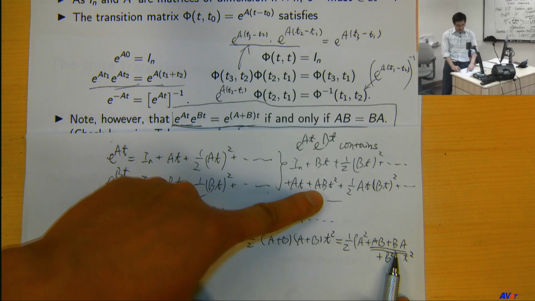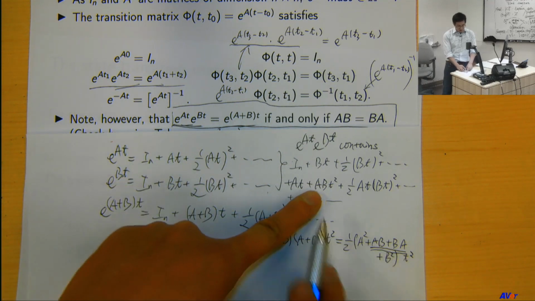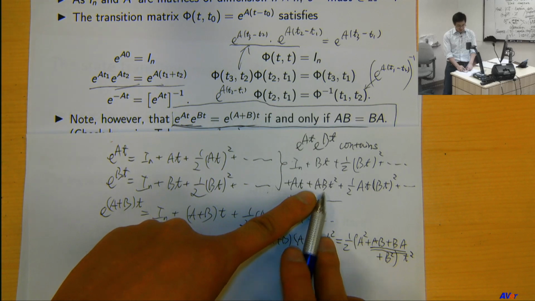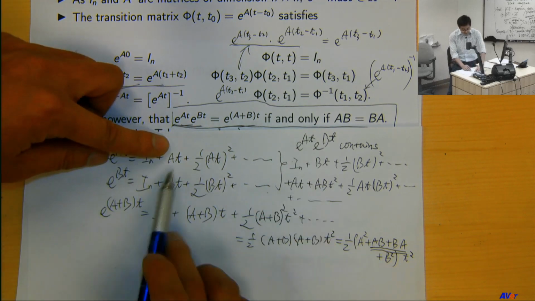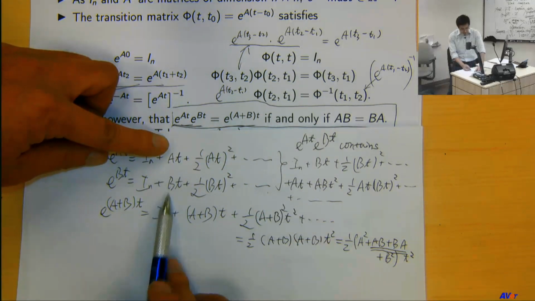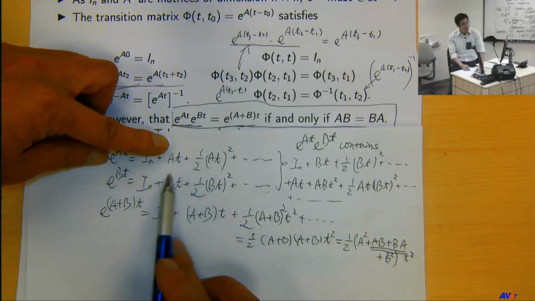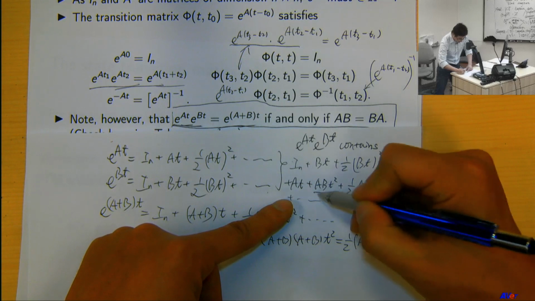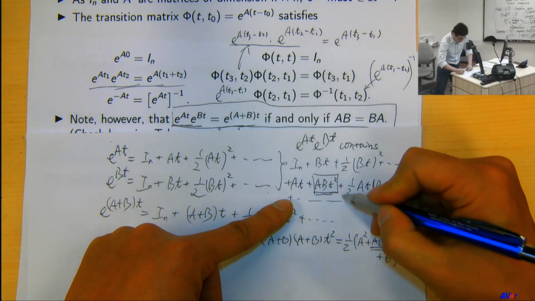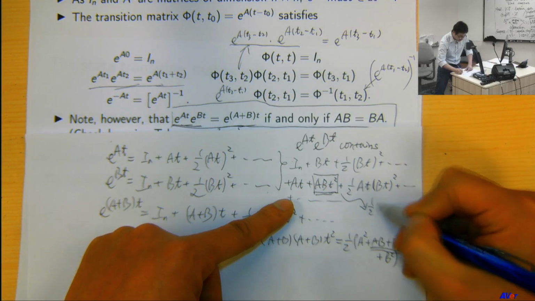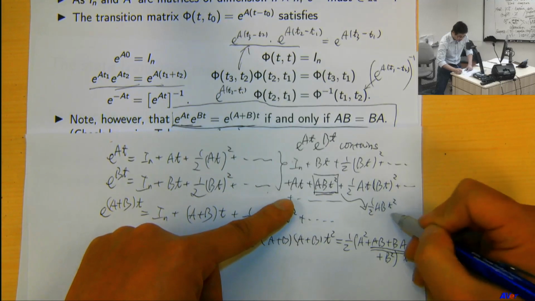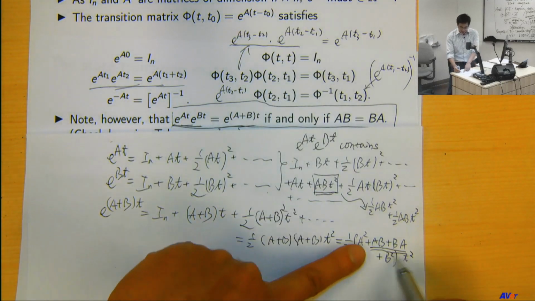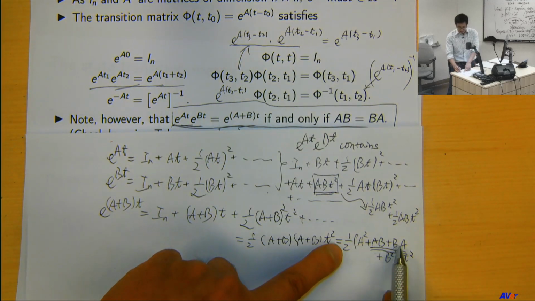And over here, what do I have? The only cross product term of A and B is in here, right? The only cross product of A and B is going to be this term times this term. This is half of AB t squared plus half of AB t squared. It doesn't equal half of AB plus half of BA.